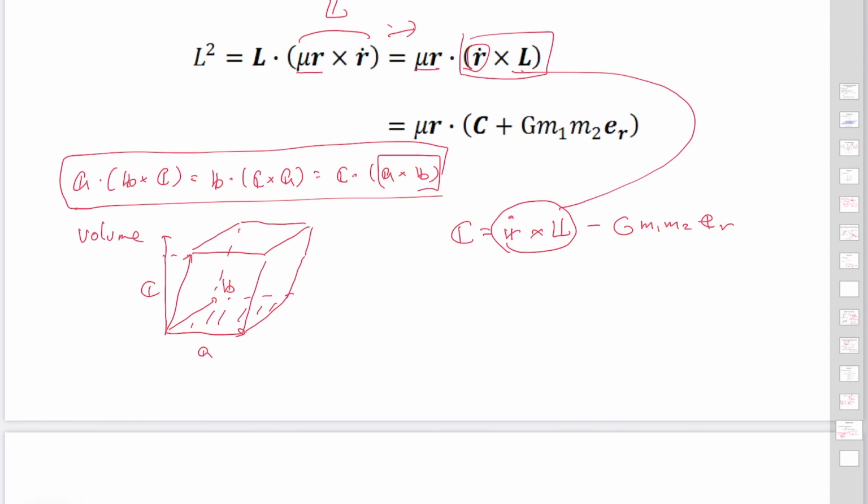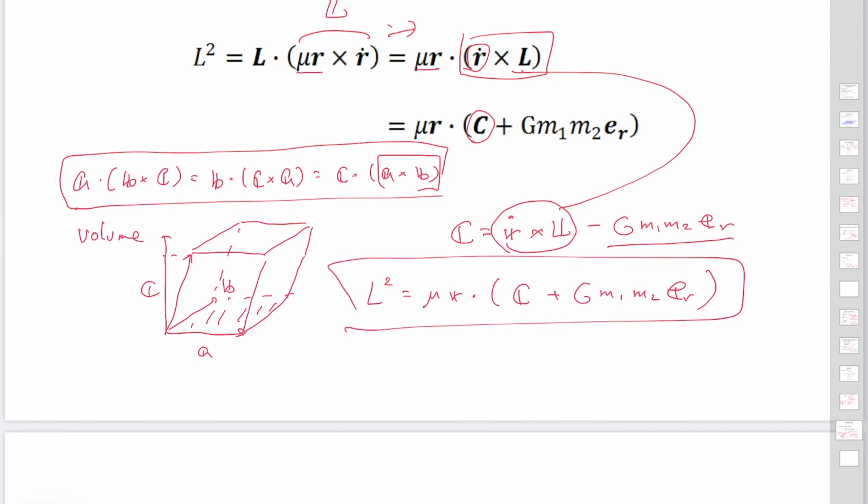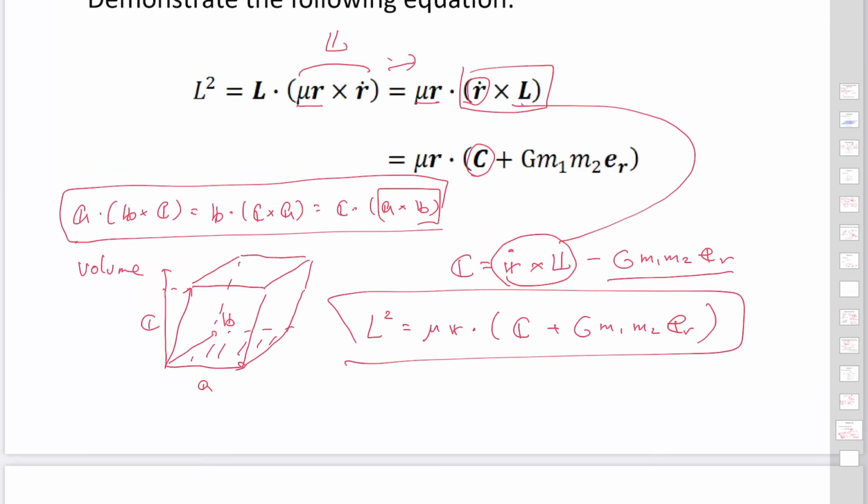And we use the Laplace-Runge-Lenz vector C plus G m sub 1 m sub 2 e sub r. So L squared is expressed as mu r vector scalar product Laplace-Runge-Lenz vector plus G m sub 1 m sub 2 e sub r. So we proved these formulas. This is the end of this session.